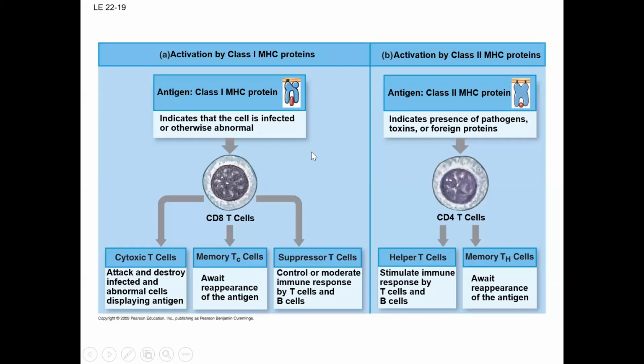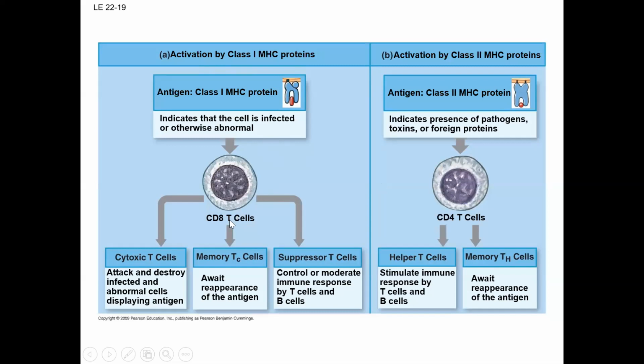Okay, so we are talking about this side of the mechanism, activation by class 1 MHC protein. We know on the surface of the cancerous cells, you're going to have MHC1 with a cancerous peptide, and this is a T killer cell. This is the cancerous cell, which can be recognized by the T killer cell.